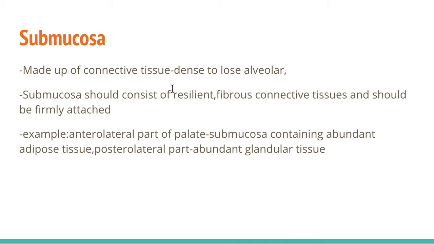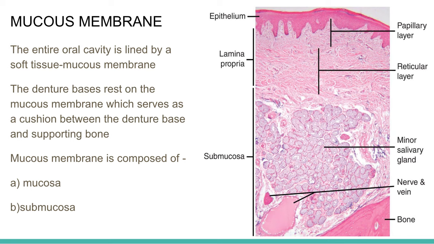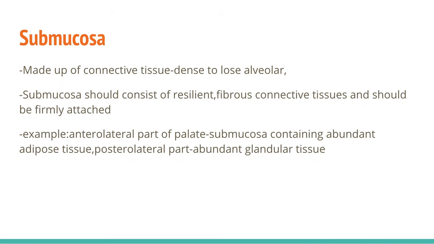Submucosa should consist of resilient, fibrous connective tissues and should be firmly attached. Examples being the anterolateral part of the palate with abundant adipose tissue and the posterolateral part of the palate containing abundant glandular tissue. So we require the mucosa to be keratinized and the submucosa to be thick, fibrous and resilient and firmly attached.